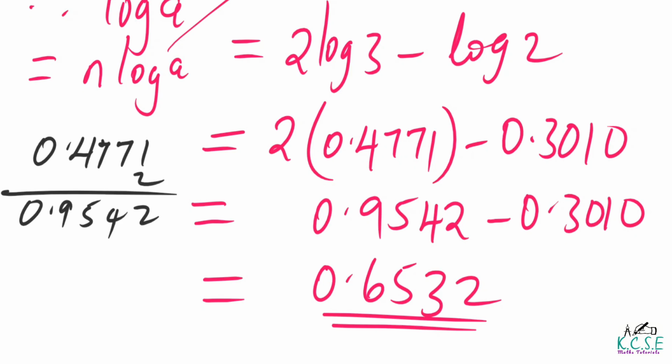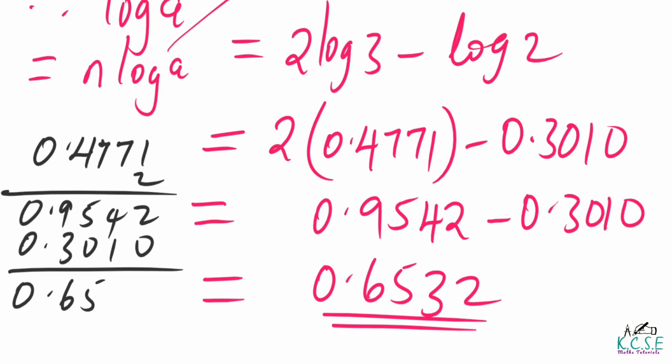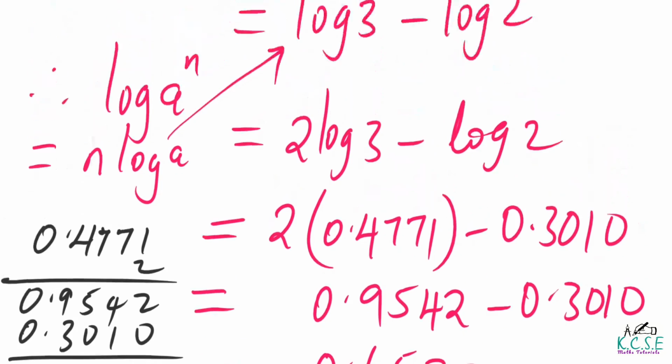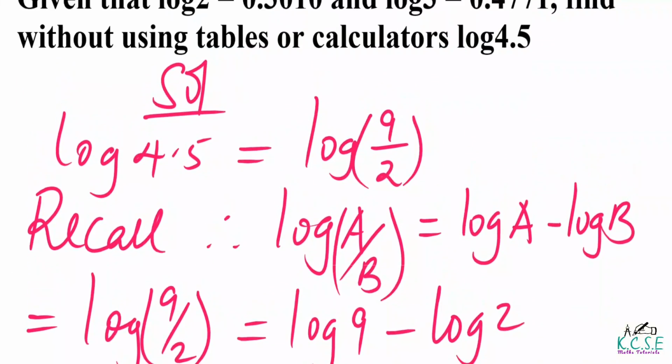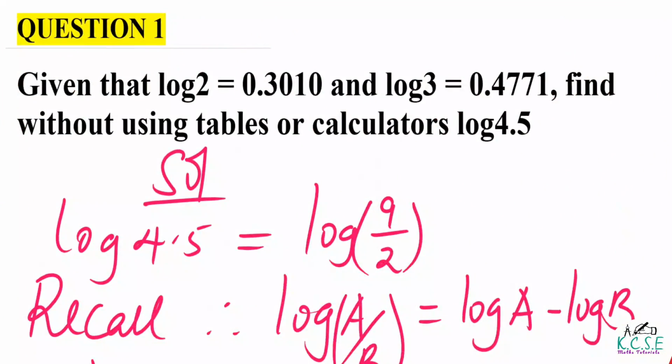It is good to indicate these, and also this subtraction. So show all your workings. Remember, you're not supposed to use the calculator or mathematical table, so this is very important. These workings must be shown. So that is how you're supposed to work out that question.